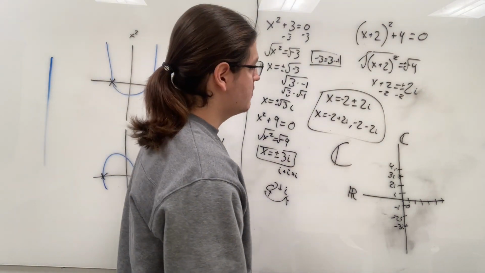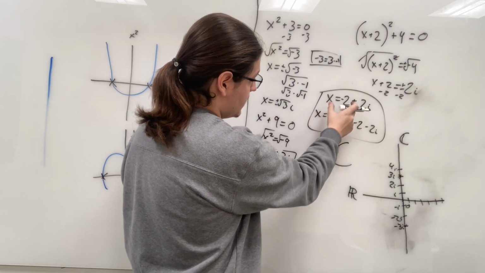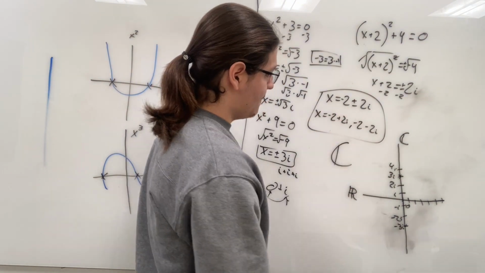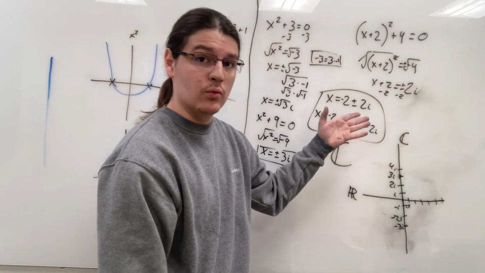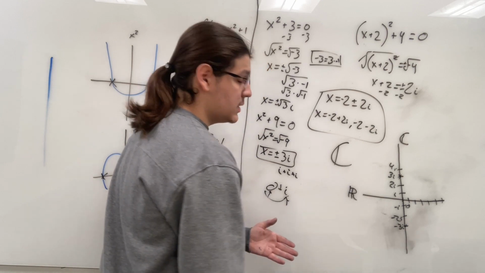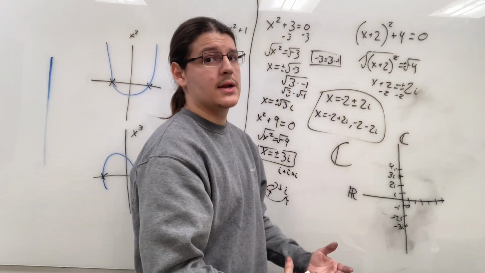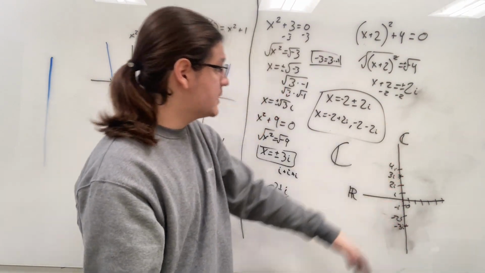Pretty neat. But now what for this one? This one right here. We have negative 2 plus or minus 2i. So like with these, we're going to have two solutions, but now we are playing with real numbers as well. So let's just count down the number line like we did with real numbers and with this complex number line right here.